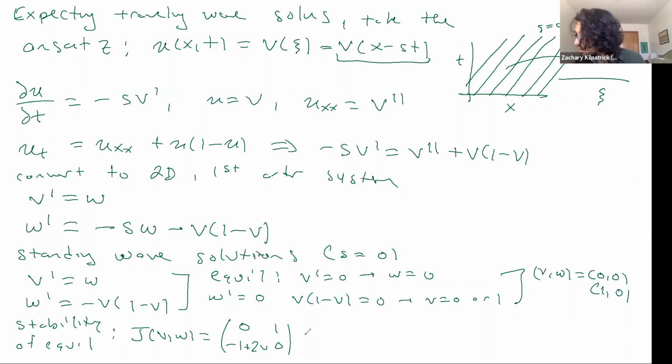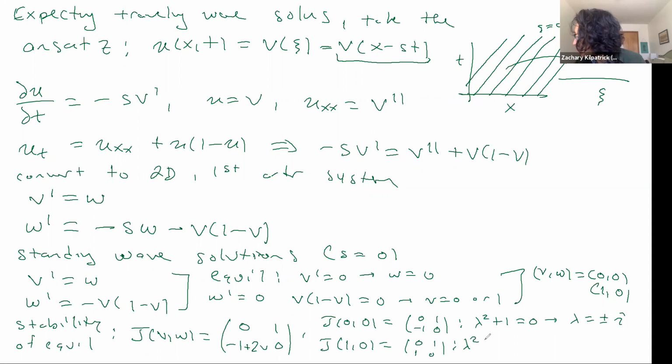Okay, so the Jacobian at (0, 0) is equal to 0, 1, minus 1, 0. So you get lambda squared plus 1 equals 0, or lambda equals plus or minus i. The Jacobian at (1, 0) is going to be 0, 1, 1, 0. So you get lambda squared minus 1 equals 0, or lambda equals plus or minus 1.